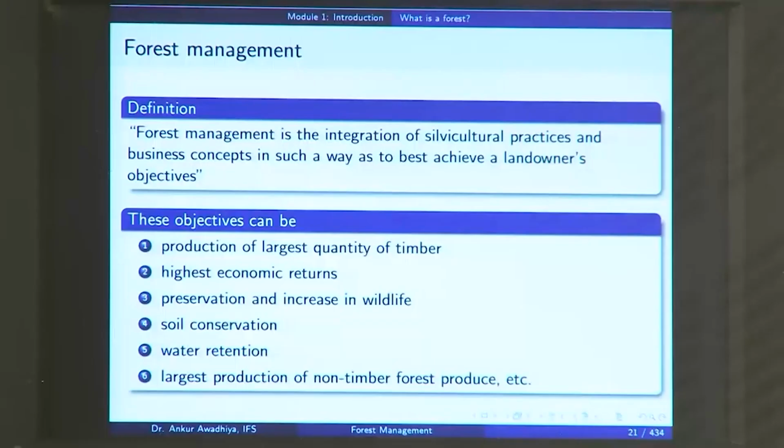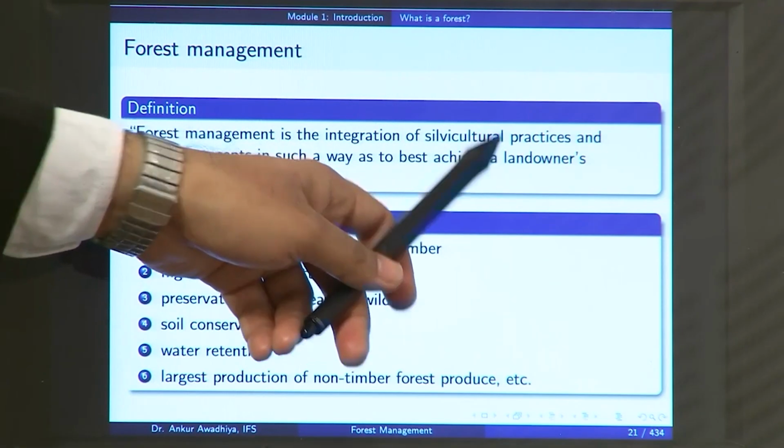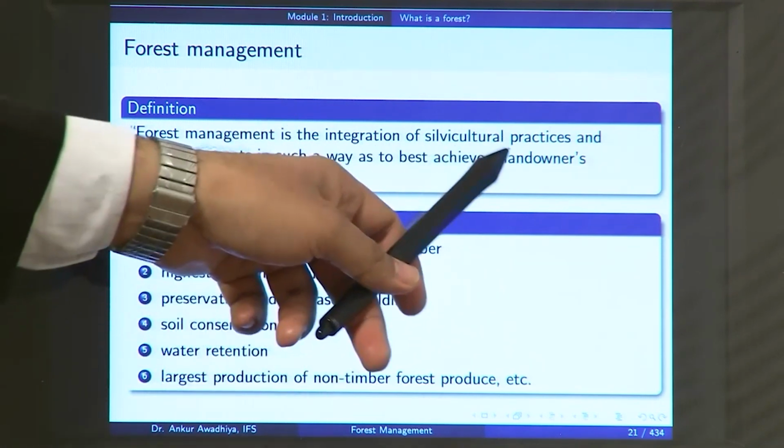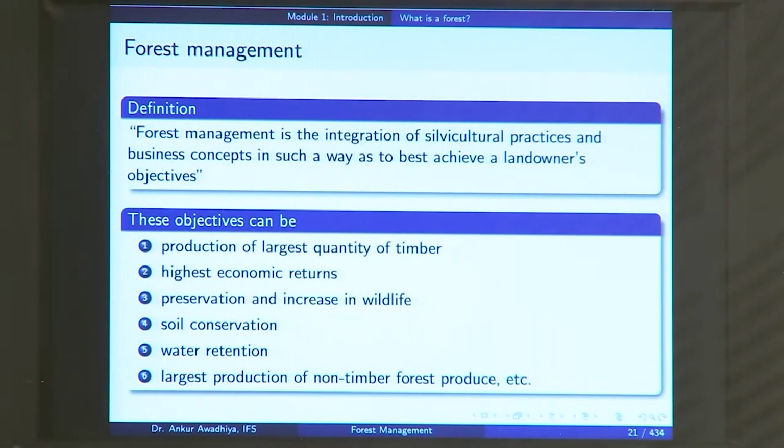So, you have to balance both of these. You have to look at the silvicultural practices and you also have to look at the business concepts, and when you combine both of these, you are getting the field of forest management. It is an integration of silvicultural practices and business concepts in such a way as to best achieve a landowner's objectives, and these objectives can be different things.